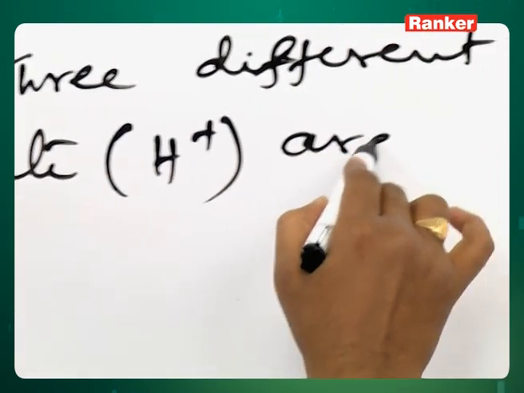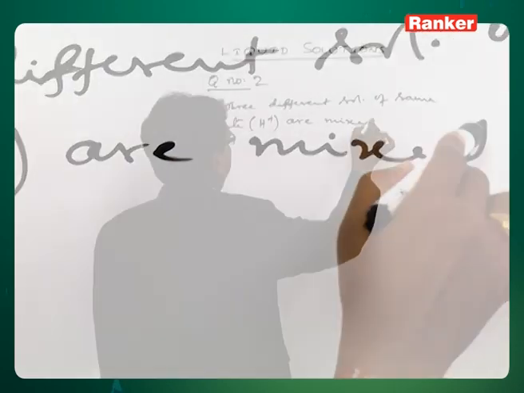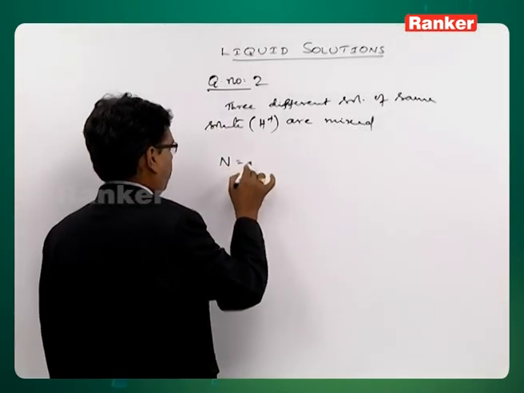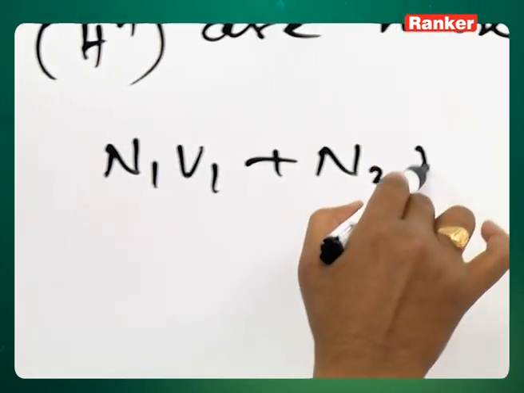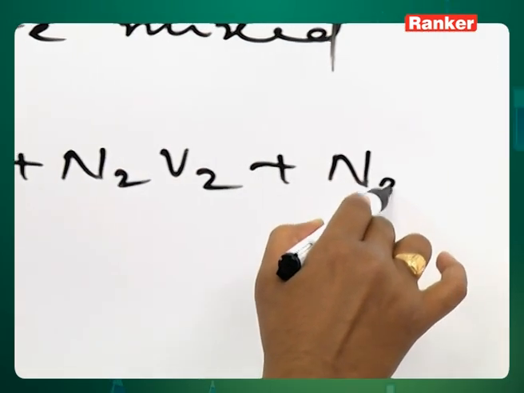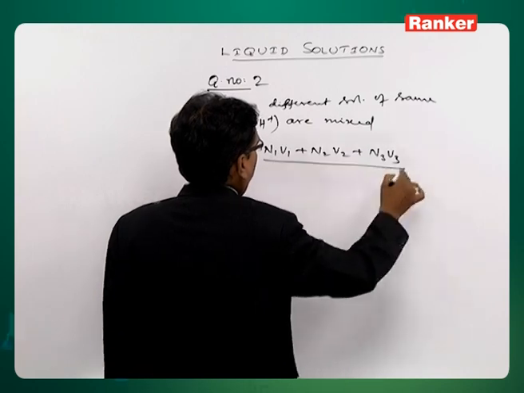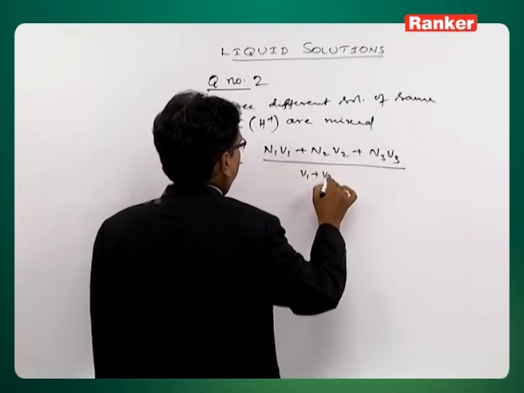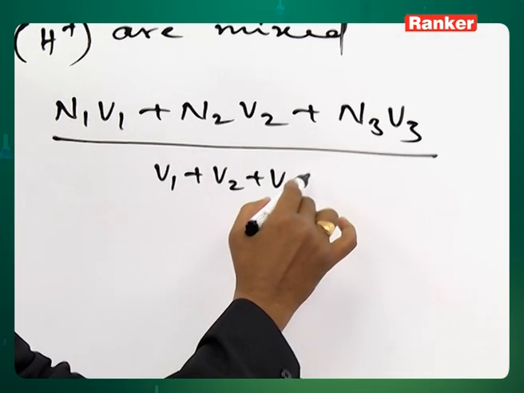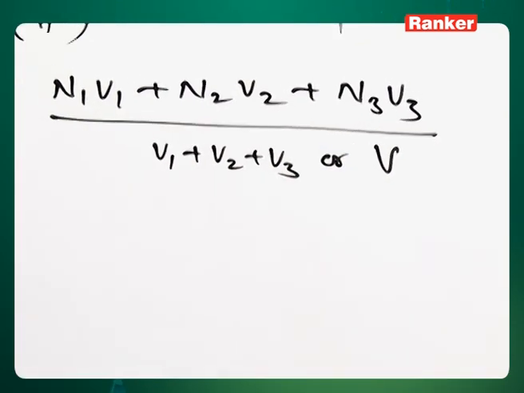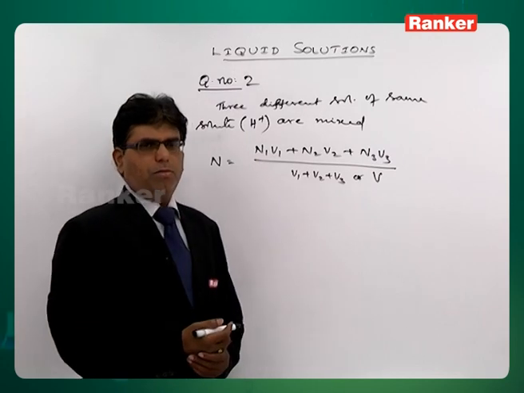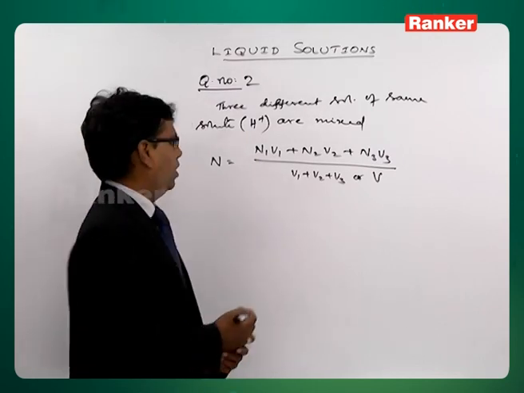When they are mixed, the resultant normality is equal to N1 V1 plus N2 V2 plus N3 V3 by V1 plus V2 plus V3, or V, that is the final volume. Now, in this question what is given is 5 ml of 1 normal HCl.